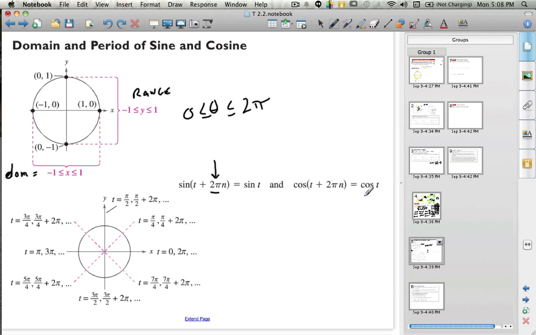This is a way to write all of the coterminal angles to t. They're all going to have the same sine values and the same cosine values. Angles that are coterminal share the trig functions. This is the way you would write it if you want to talk about repeating on through toward infinity.